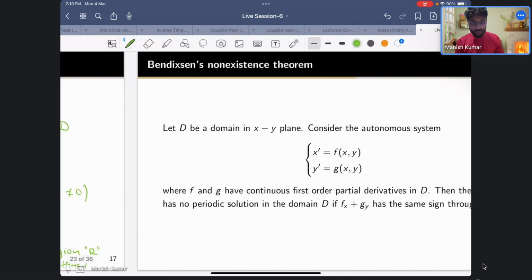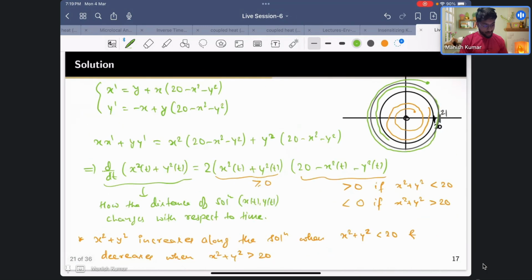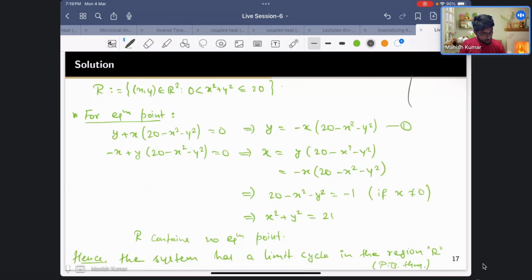So we just had to find a region, and look at whether there is some equilibrium point or not in that region. In our case, we were lucky. Suppose you got some equilibrium point lying inside this region. Let me explain. Suppose this was your region, what you started off with, where the solution remains bounded. Now suppose these are the equilibrium points lying in this region.